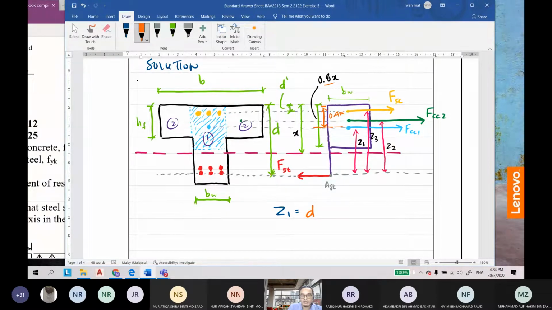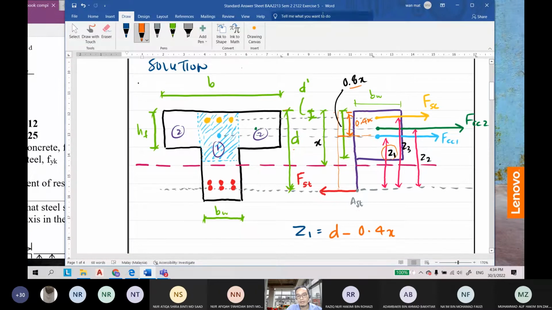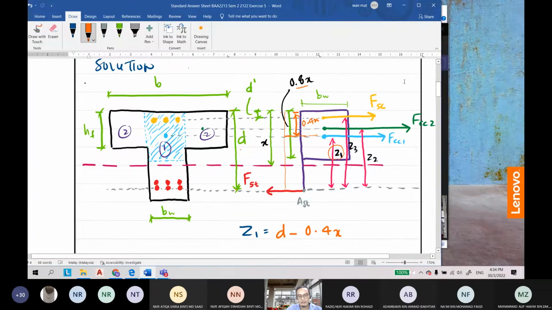So D here to here is D, and the distance Z1 is equal to D minus 0.4 x. Do you agree with me? Anybody want me to repeat?